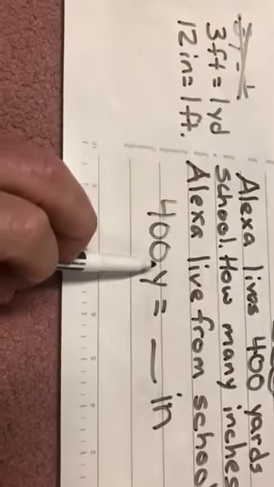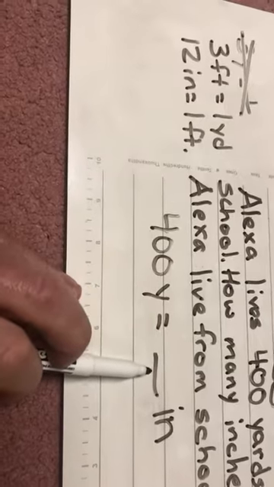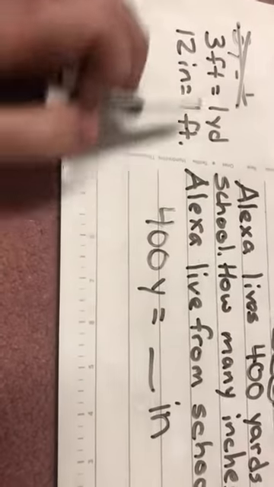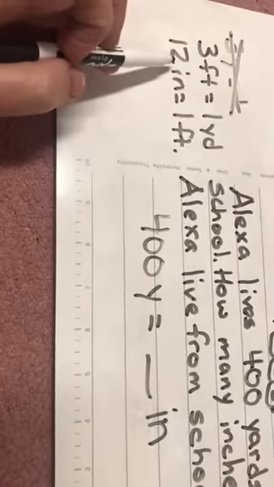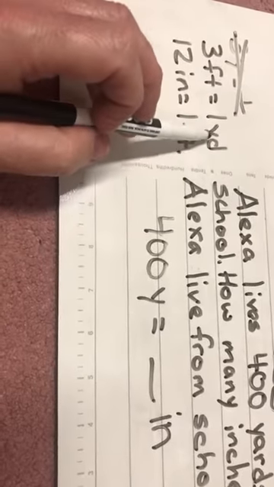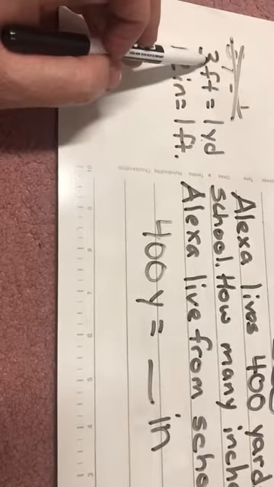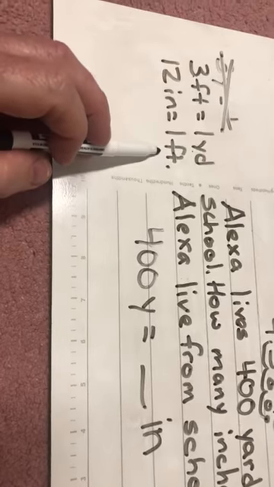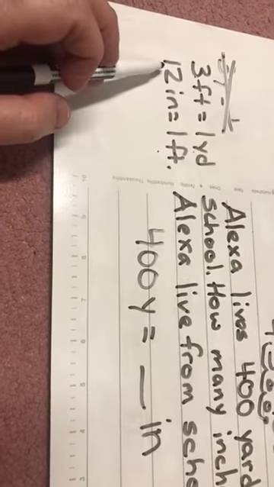So the first thing I need to do is to take my yards and turn them into feet. And then I can take my feet and turn them into inches. So first I'm going to take my 400 yards and turn them into feet. Then I'm going to take my feet and I'm going to turn them into inches.